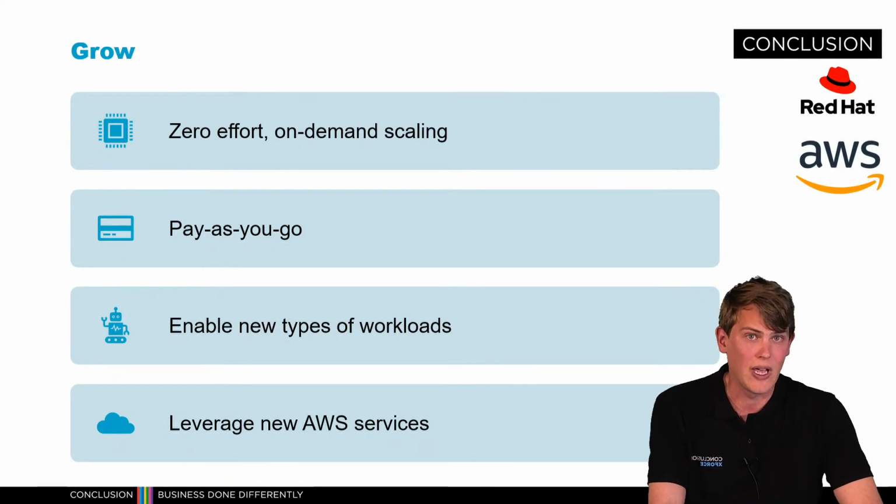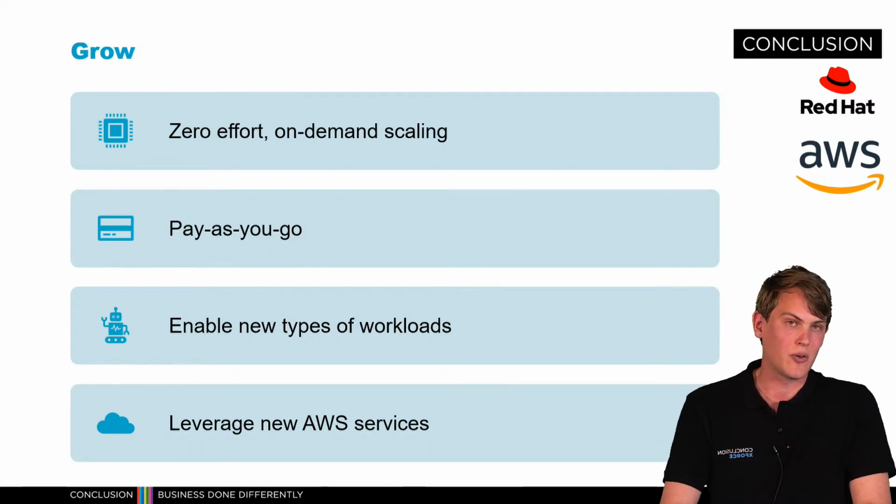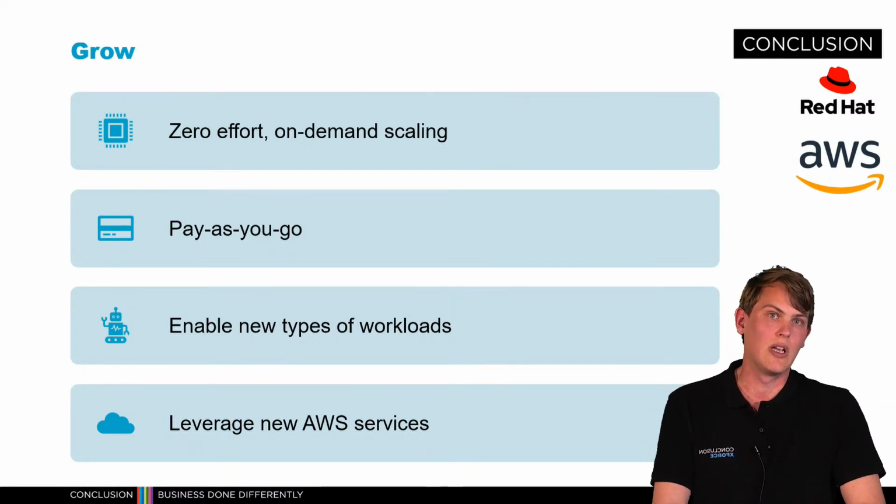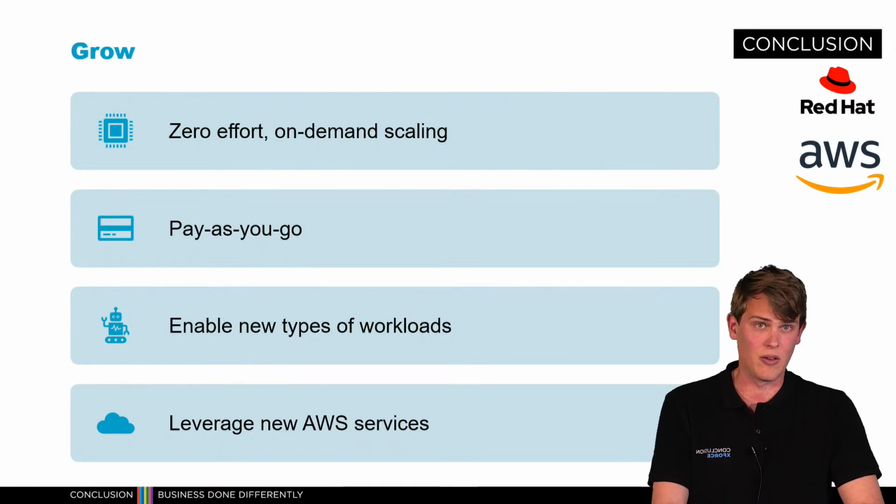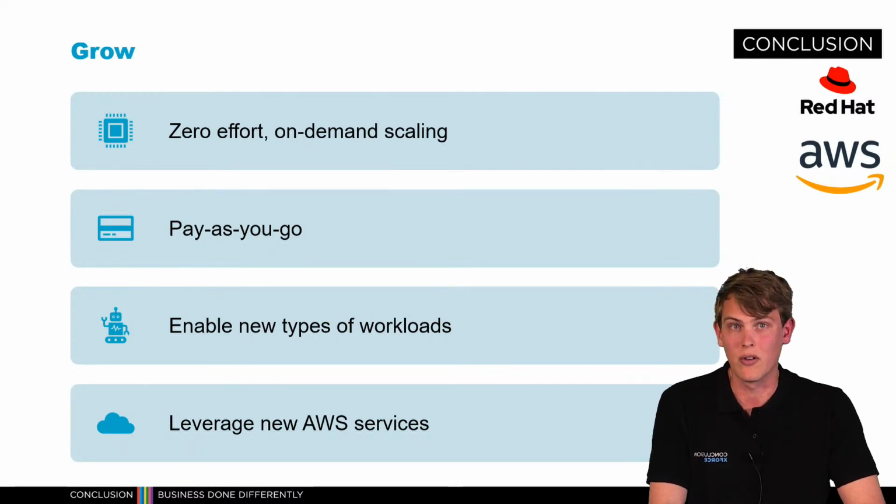OpenShift supports auto-scaling, so whenever your app or your software is being used more in production, AWS or OpenShift scales your cluster, again, without any effort from operations teams. And you can pay as you go, as Ike mentioned. All the infrastructure is pay as you go. You can scale up your cluster, scale down your cluster without planning, basically.